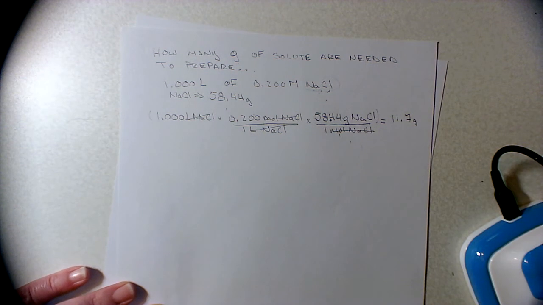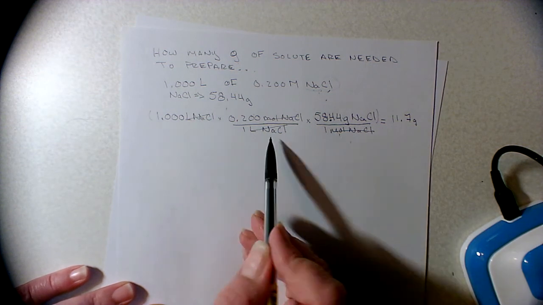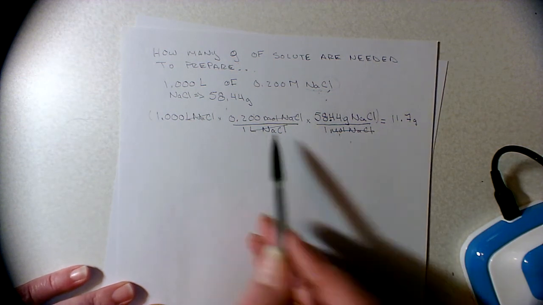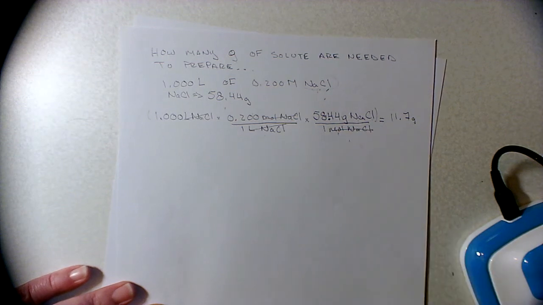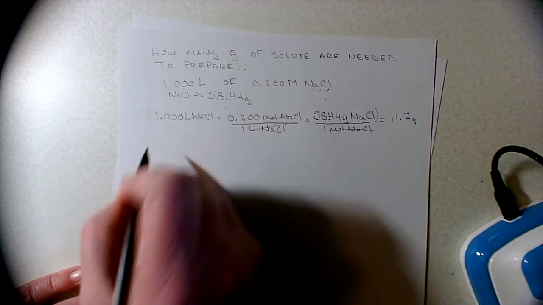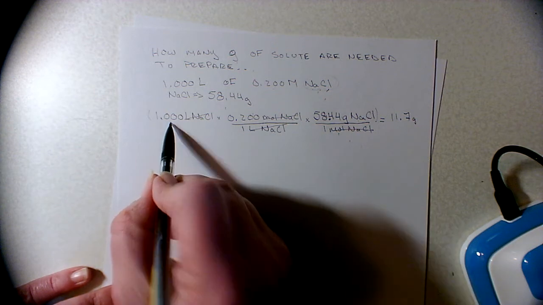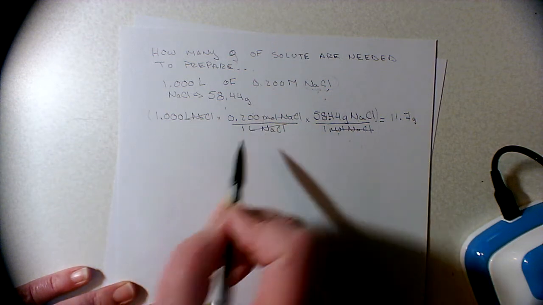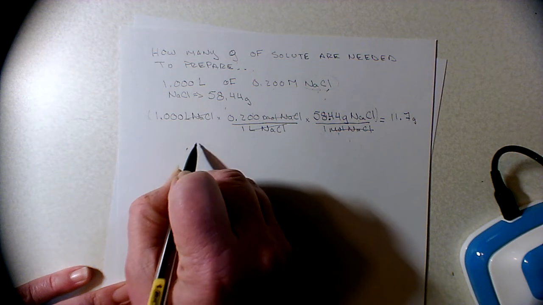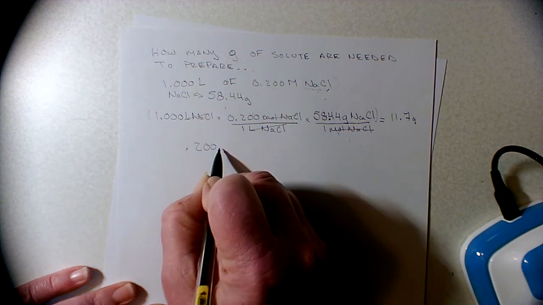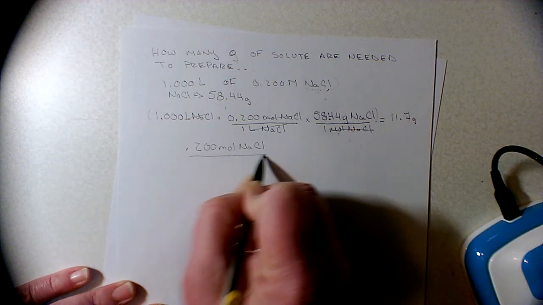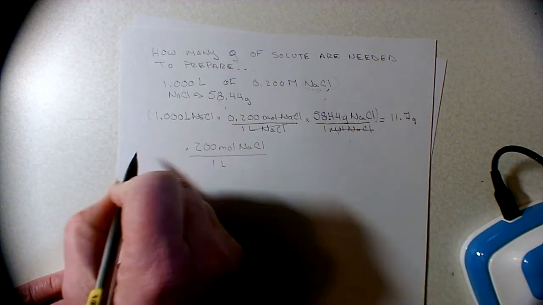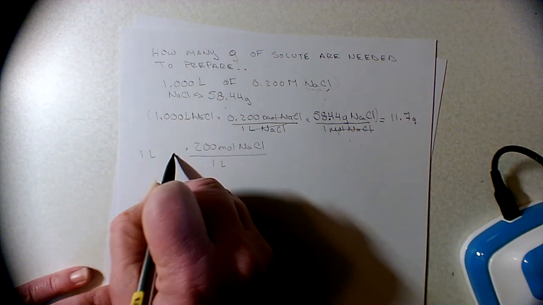Now let's ask ourselves how many ions are in this solution. What is the concentration of sodium ions and the concentration of chloride ions? That goes beyond what the book is asking, but it's an important concept to focus in on. I have a full liter of this 0.20 molar solution, so I'm looking at 0.20 moles of NaCl per 1 liter, and I'm going to use 1 whole liter of that solution.